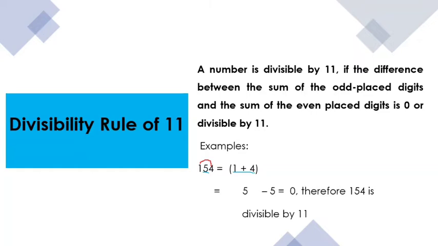So 5 minus 5, the answer is 0. Therefore, based on the rule of the divisibility of 11, 154 is divisible by 11.